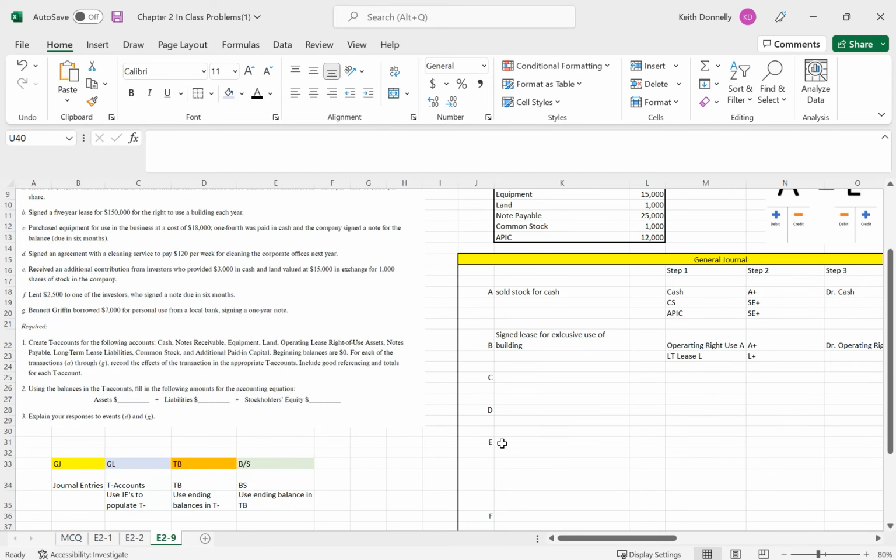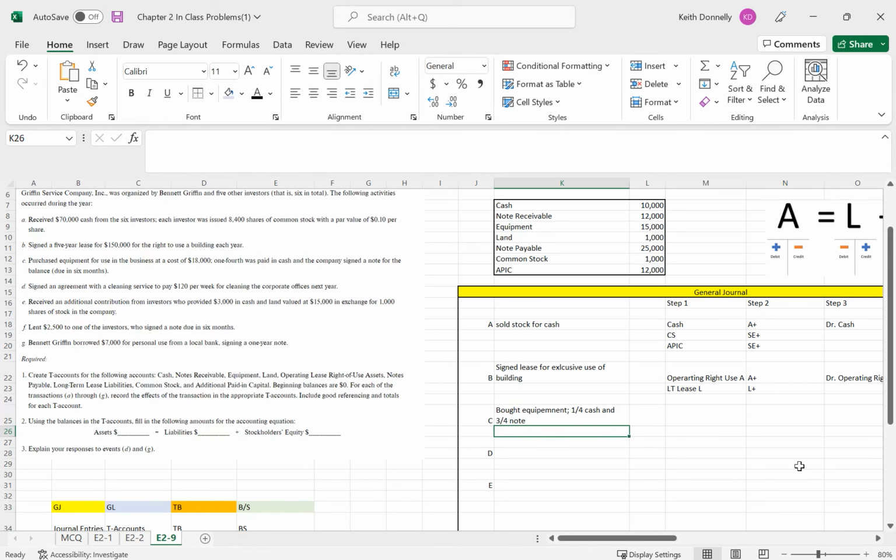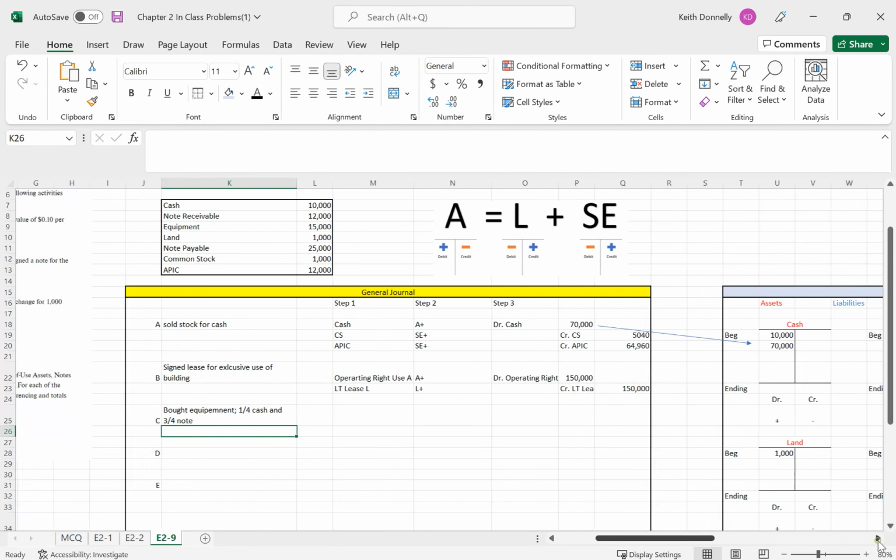Now let's look at C, right? C says we purchased equipment for use in the business. It cost 18 grand. Looks like a fourth of that we paid cash and the rest was a note. Okay, so we bought equipment, 1/4 cash, and 3/4 note that we signed to pay back.